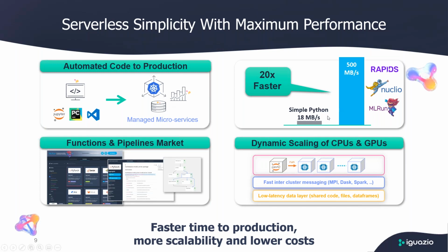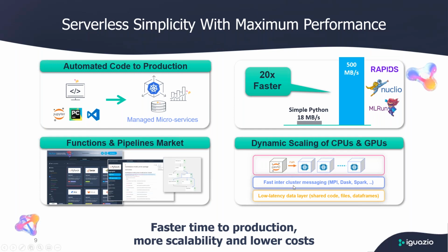It's also extremely high performance because it has a lot of parallelism built into it. There are some benchmarks that were published in Towards Data Science and other places showing how you can actually run your code faster. And also, as I mentioned, it's auto scaling. One of the problems with data analytics, deep learning, and machine learning is that you want to run across multiple containers or multiple virtual machines.